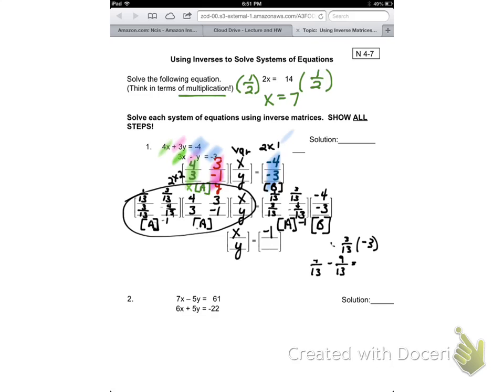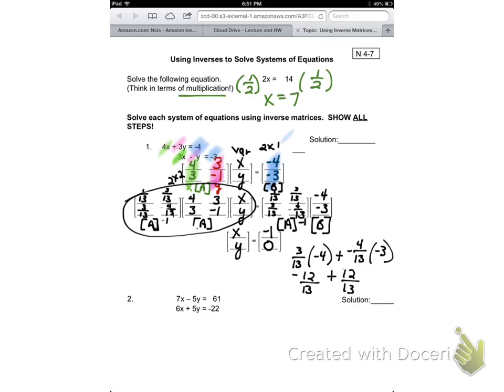Now let's multiply the Y, what will be in the Y spot. That would be this second row times the column, which will be 3/13 times -4, plus -4/13 times -3, which is -12/13 plus 12/13, which is 0.